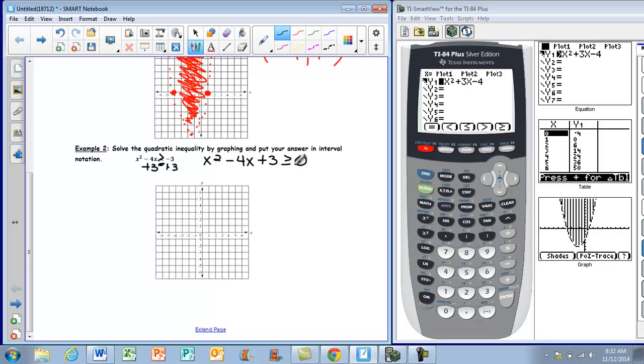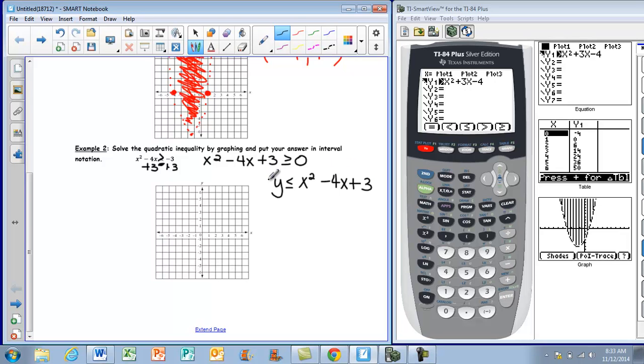So if you look though, when we go back to the calculator here, the y equals is on the left side. So I need to rewrite this so that my y equals would be on the left side, because the 0 just gets replaced with the y. So when I rewrite, I'm going to have y is less than or equal to x squared minus 4x plus 3.